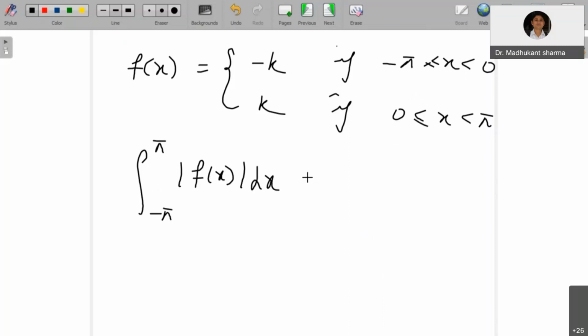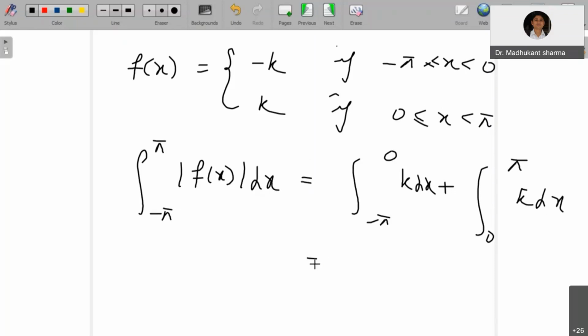This is the integration from minus pi to 0 plus the integration from 0 to pi of mod of f of x. Both are k, so it is easy to verify. It is k times pi plus k times pi, which is 2k pi, which is finite.